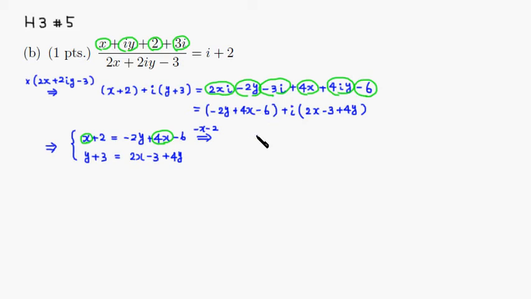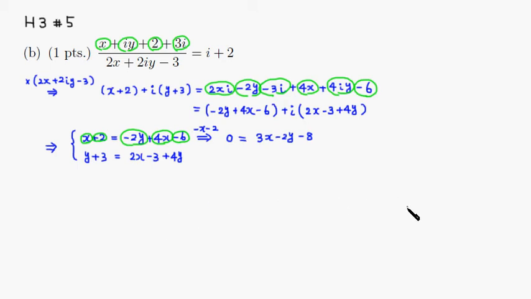Then we have negative 2y, so minus 2y. Subtracting 2 from negative 6 gives us negative 8. There's nothing left on the left, so I'm going to put 0.